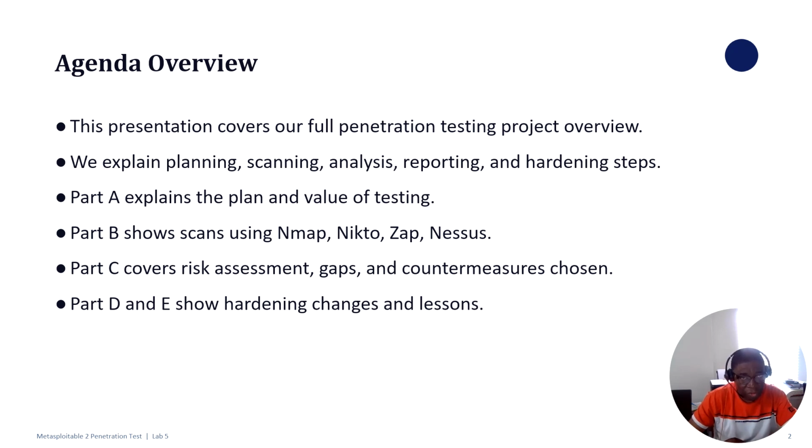Part B walks us through my actual scans using Nmap, Nikto, OWASP ZAP, and Nessus. Part C covers my risk assessment and the countermeasures I proposed based on those results. Then finally, Part D and Part E show the real changes I made to Metasploitable and what I learned from doing it.